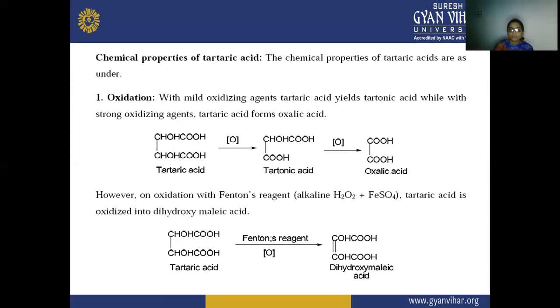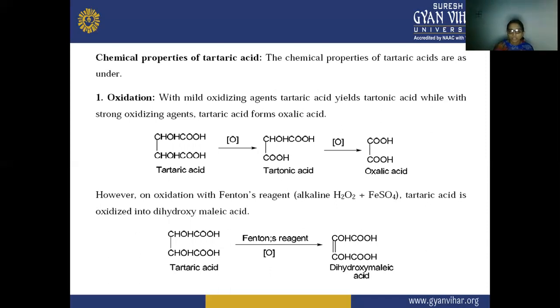Next are the chemical properties of tartaric acid. Firstly, it is the oxidation. With a mild oxidizing agent, tartaric acid forms dihydroxy tartaric acid, while with a strong oxidizing agent, tartaric acid forms oxalic acid.